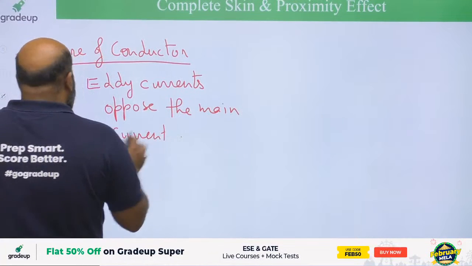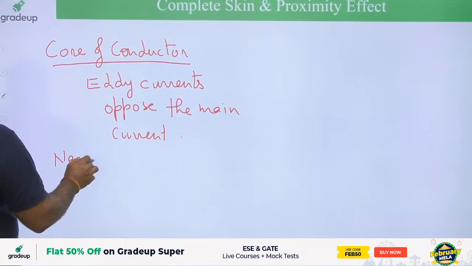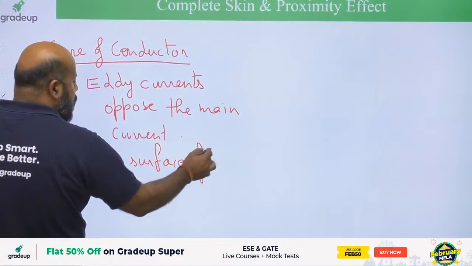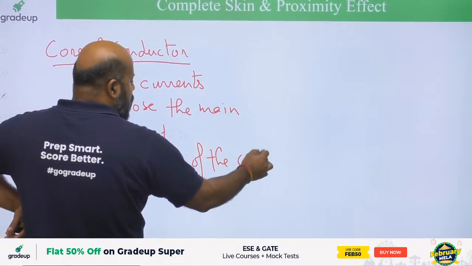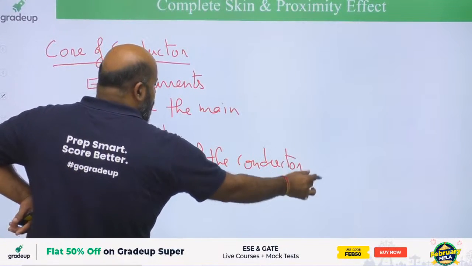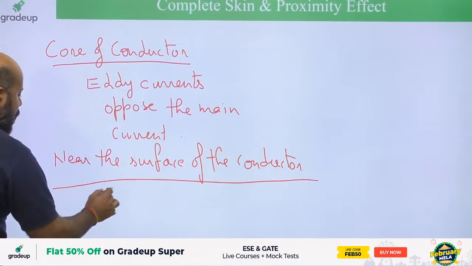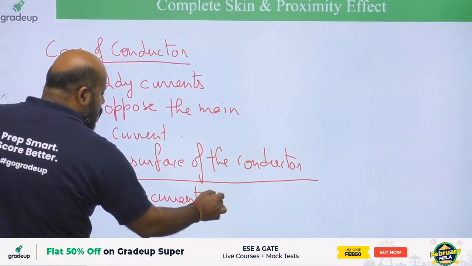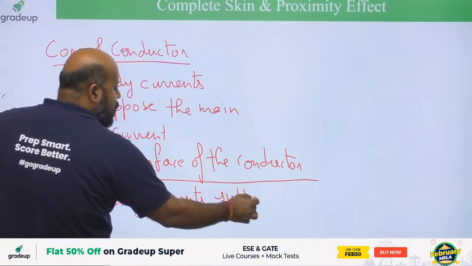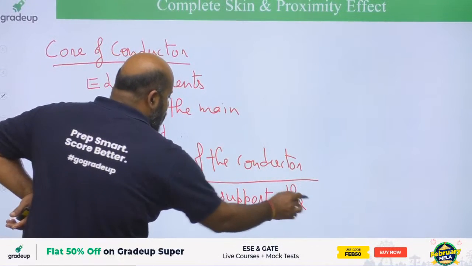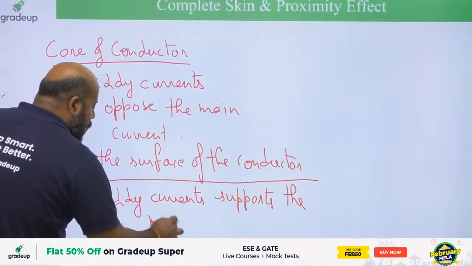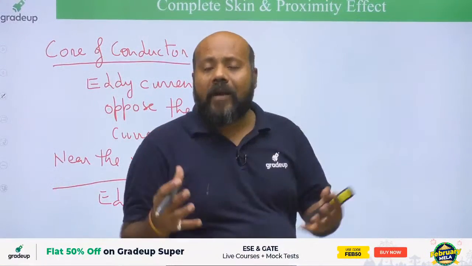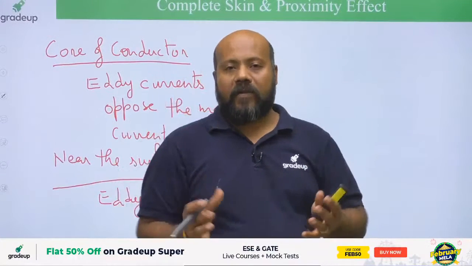Whereas if you go near the surface of the conductor, then you will see that eddy currents support the main current, because they are in the same direction, and this is the reason that there is a concentration or crowding of the current near the surface of the conductor.